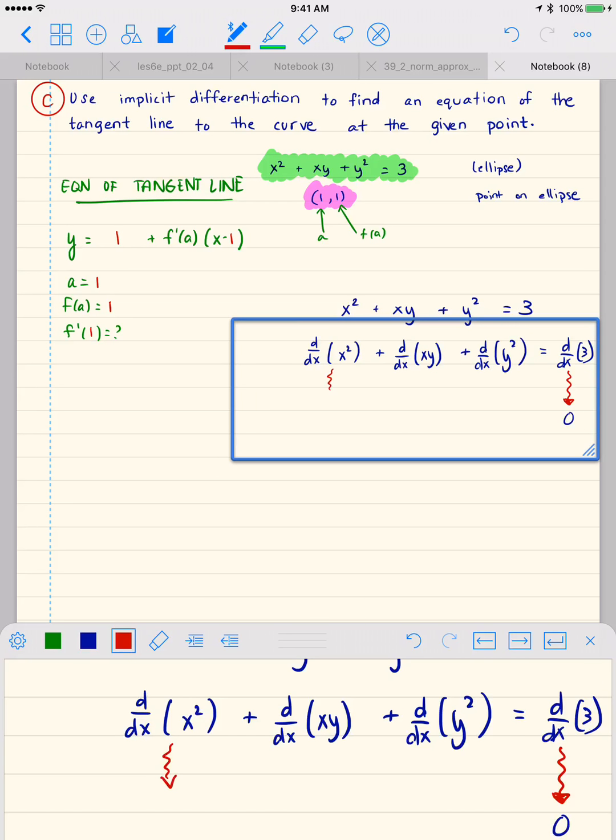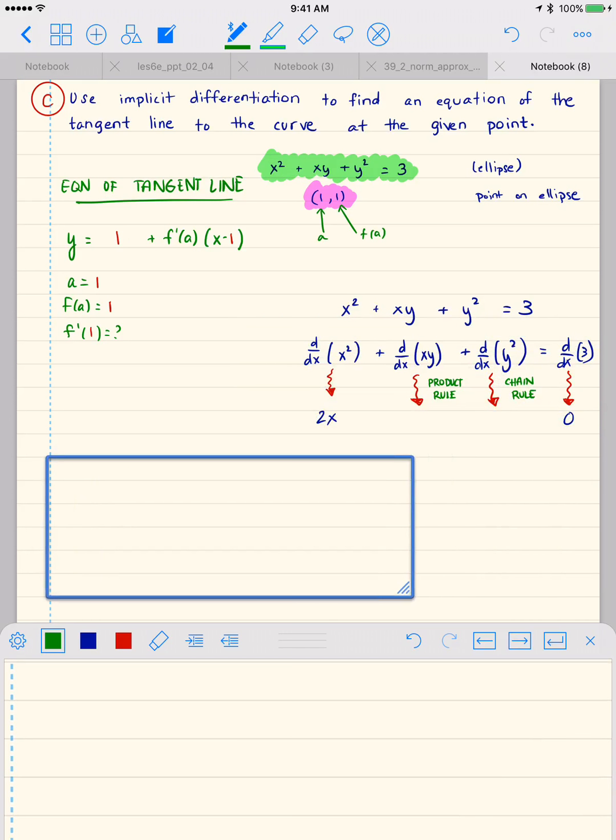The derivative of x squared is just going to be 2x. The derivative of xy, we need to use the product rule. And for the derivative of y squared, we're essentially going to use the chain rule.